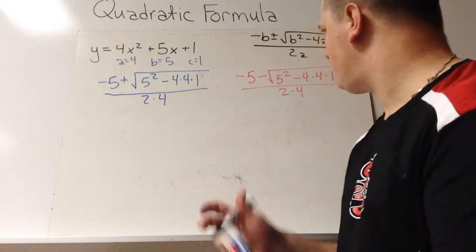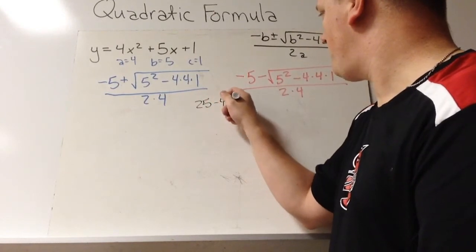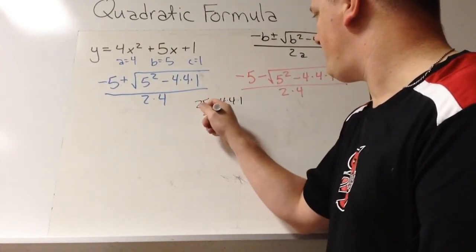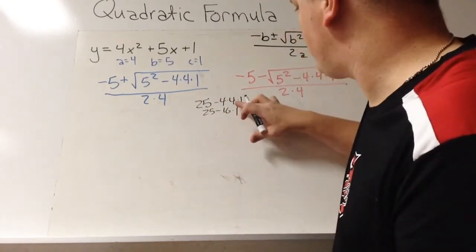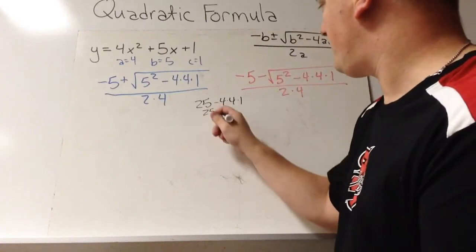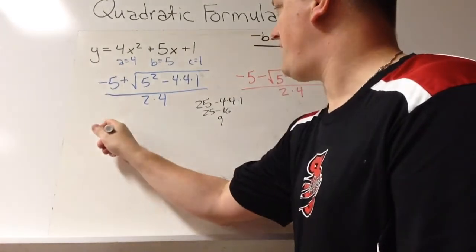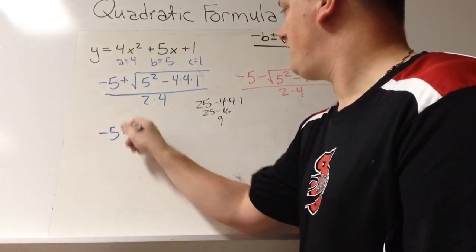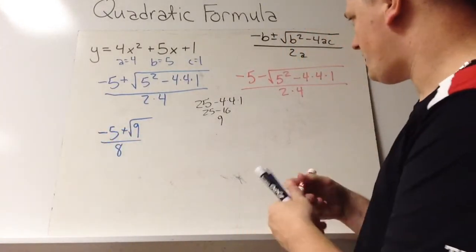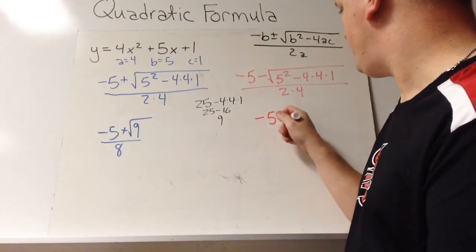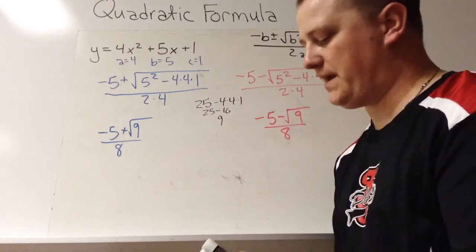Do the discriminant once, so that's going to be 25 minus 4 times 4 times 1. 25 minus 16 times 1. So 16 times 1 is just 16. I'm just going to erase that. So that's going to be 9. So we've got negative 5 plus the square root of 9 over 8. And negative 5 minus the square root of 9 over 8. Just did 2 times 4 to make it a little bit quicker.